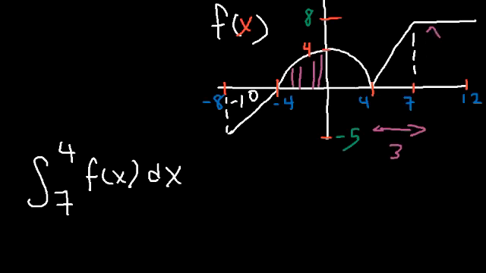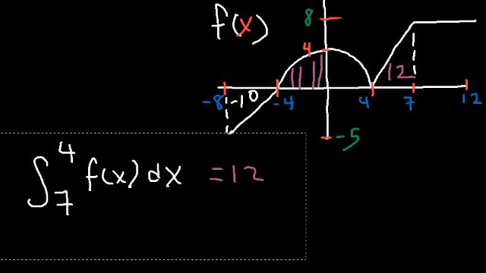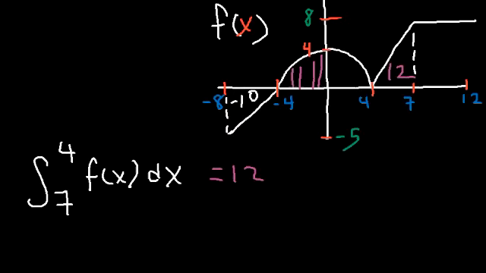Half of 24 is 12. And so it's positive 12. Now we need to change the answer. From 4 to 7, it's positive 12. Therefore, from 7 to 4, it's going to be the opposite, negative 12. So always watch out for that.